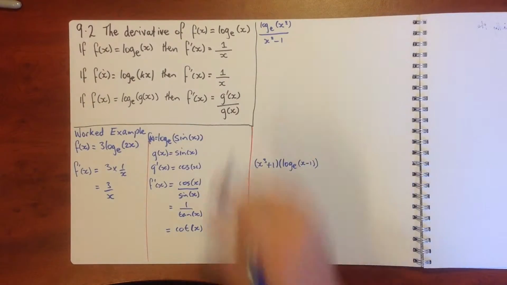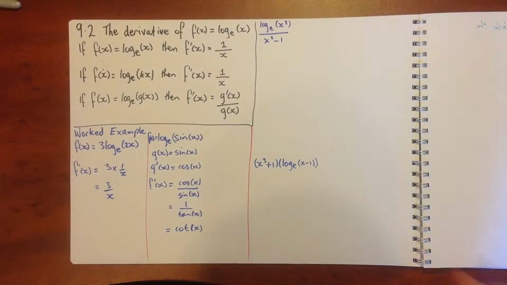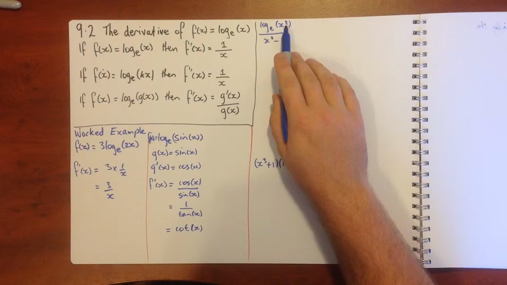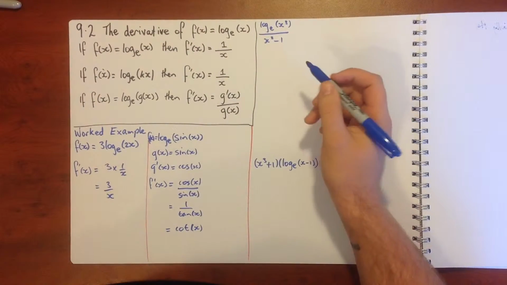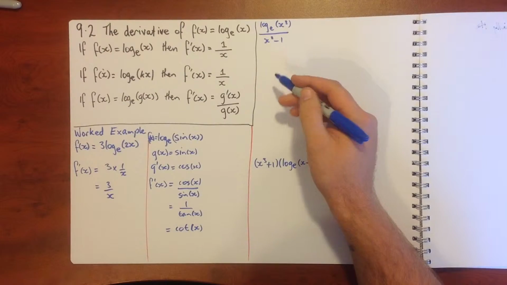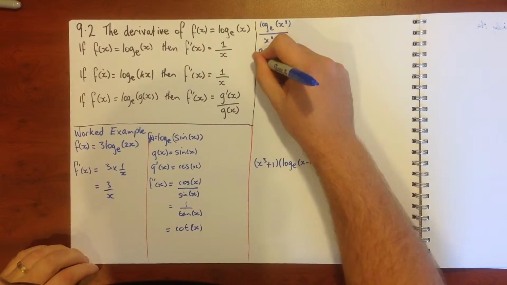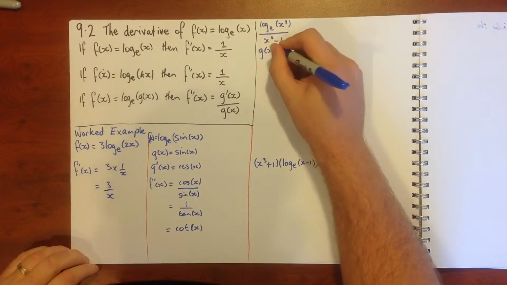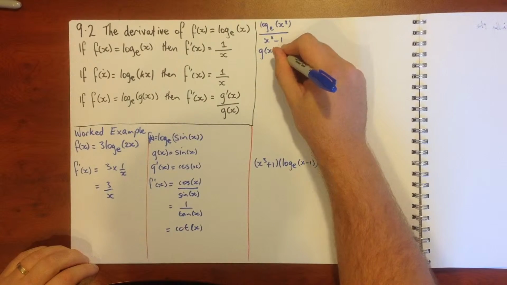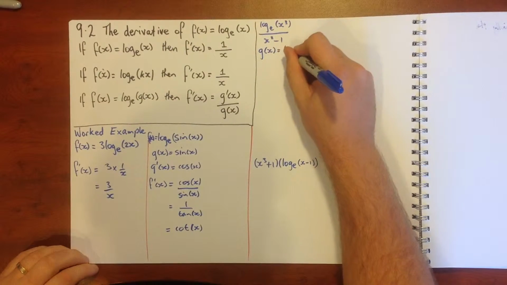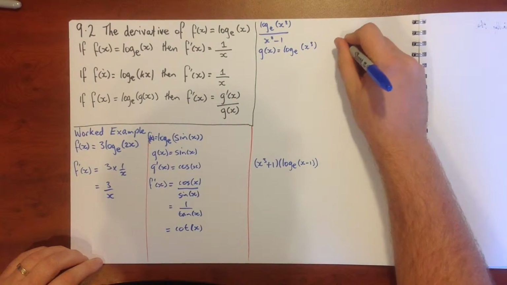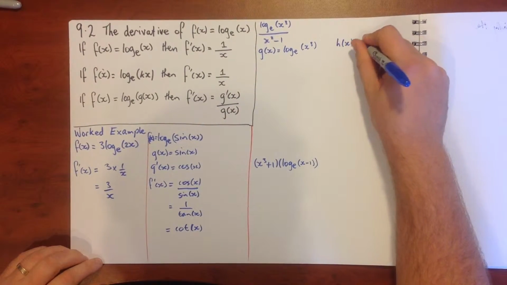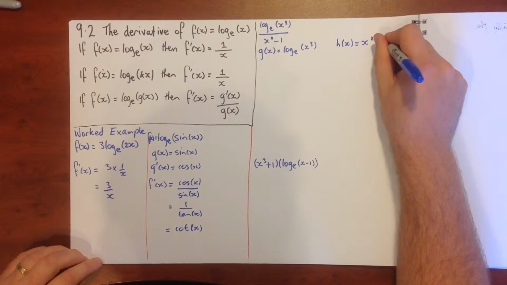For our next one, f of x is log to the base e of x cubed over x squared take 1. This is actually going to be a quotient rule question, so what we need to do is say g of x, our top line, is log to the base e of x cubed. h of x is equal to x squared minus 1.